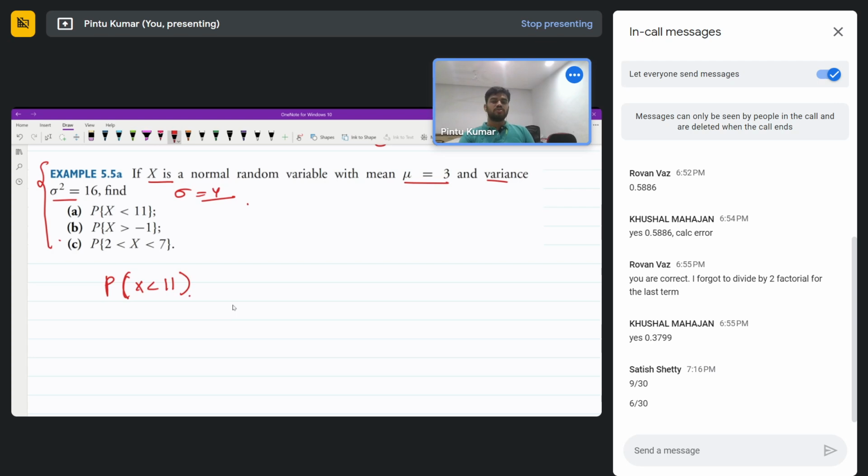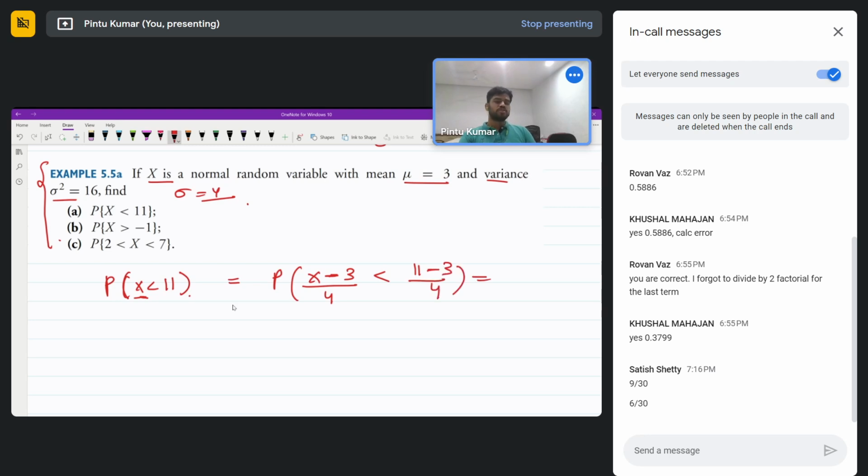The easiest way to do this is to convert it to standard normal distribution. That would mean you subtract the mean, that is x minus mu, mean is 3, divided by the sigma 4, is less than or equal to 11 minus 3 by 4, doing it on both sides.